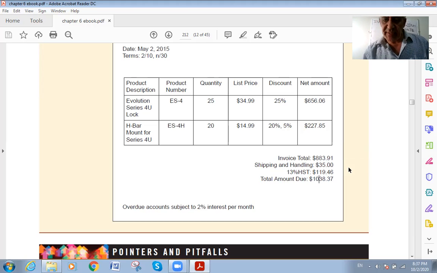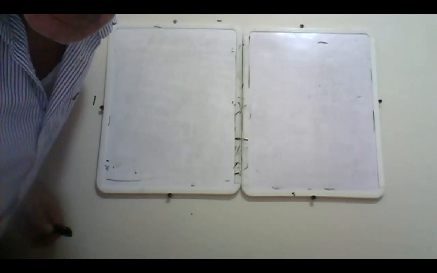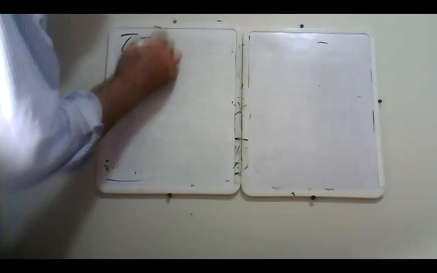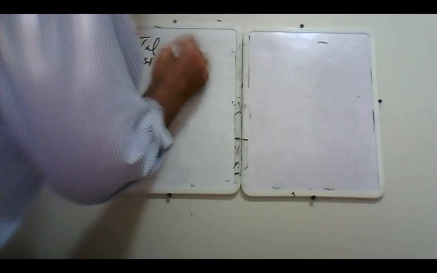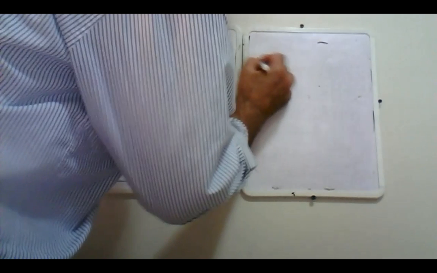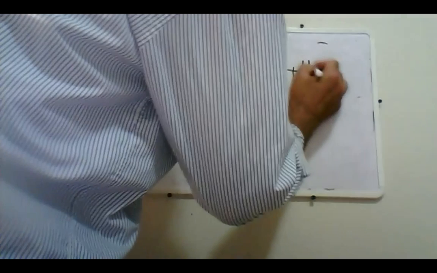So let me stop sharing the screen and show it to you back. Okay, here the total costs will be, as you see in front of you, 883.91 plus $35 plus 119.46, which is the HST.